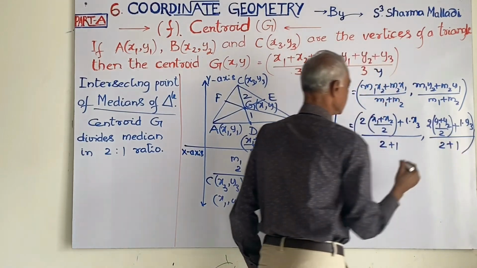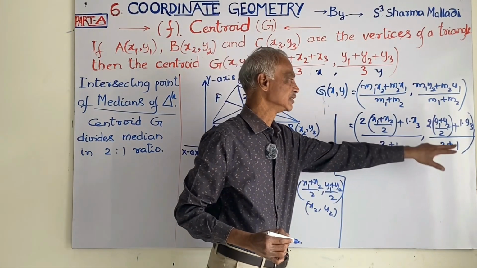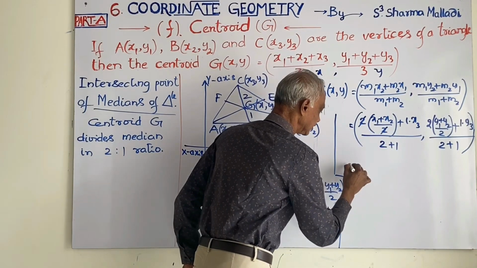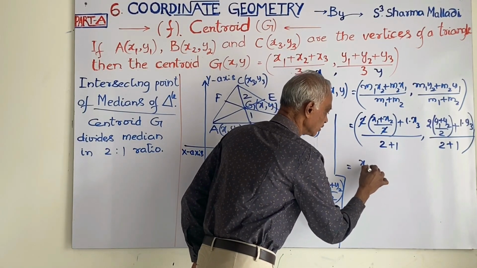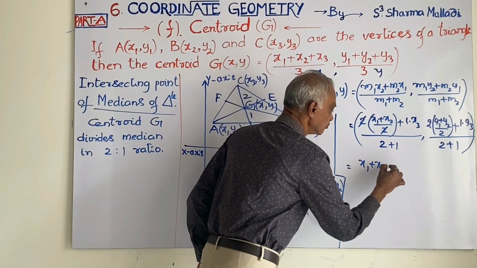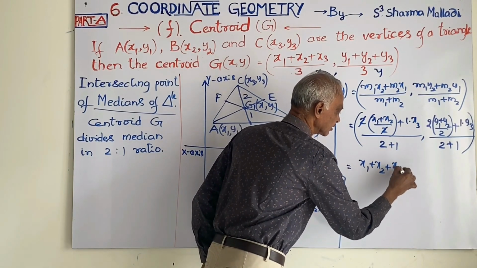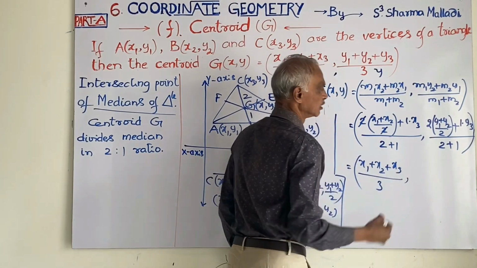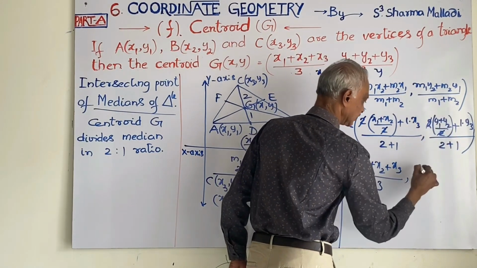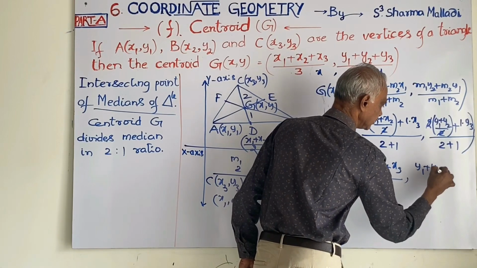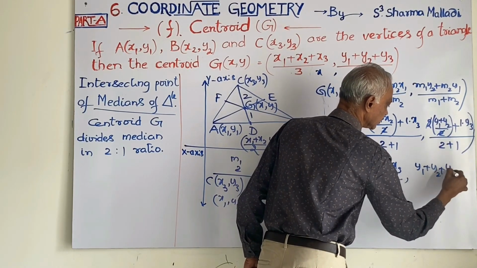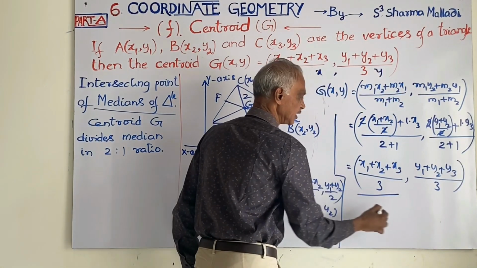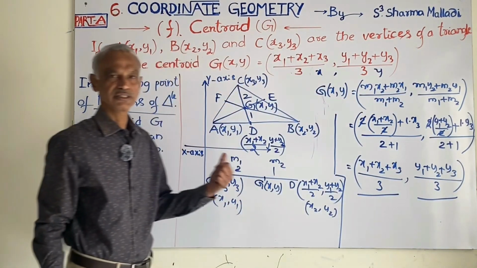This is the x coordinate and this is the y coordinate. Now you can cancel 2, 2. You will get (x1 plus x2 plus x3) by 2 plus 1, 3, comma, 2 and 2 cancel. You will get (y1 plus y2 plus y3) by 2 plus 1, 3. This is the x coordinate and this is the y coordinate.